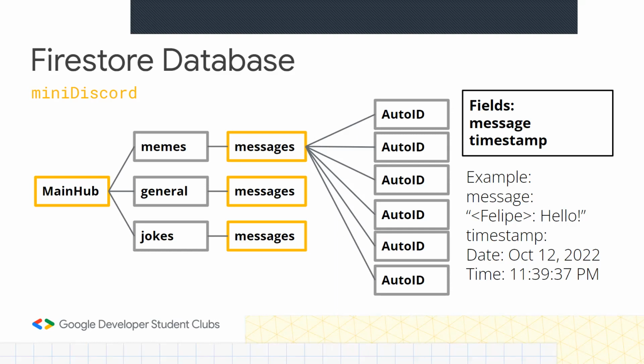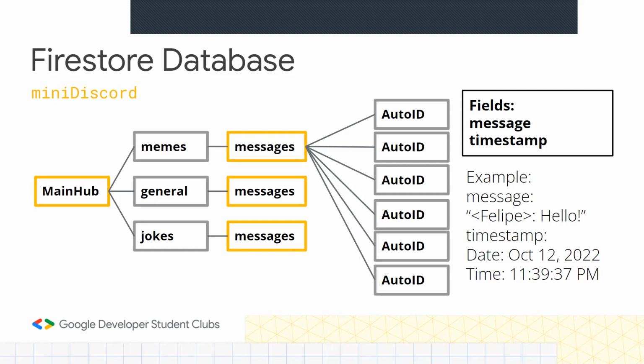So the main hub here, if we were thinking about Discord, would be like your server. It's called collections instead of folders, and files are called documents in Firestore. So the main hub would be a collection, and it can have a bunch of documents. It has 3 right now: memes, general, and jokes, which would be like your chats.